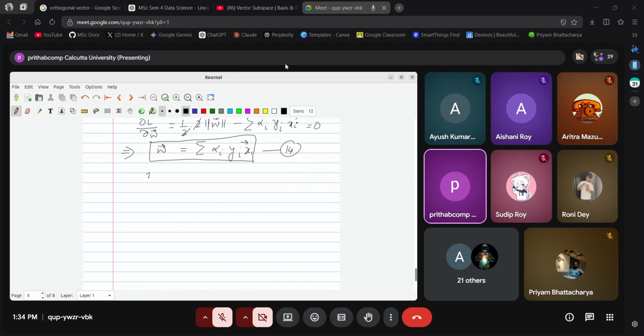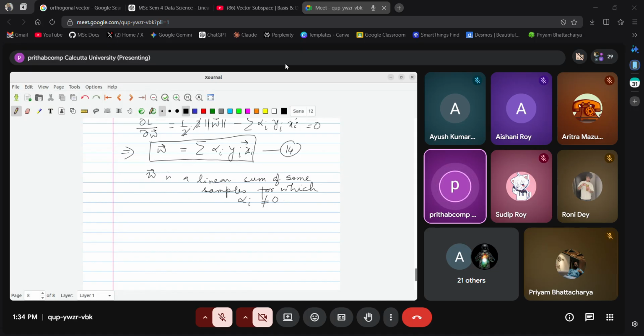So what do you see? You see that this is a linear sum of some samples for which alpha i is not equal to 0. Can you relate with something? See, yi xi.